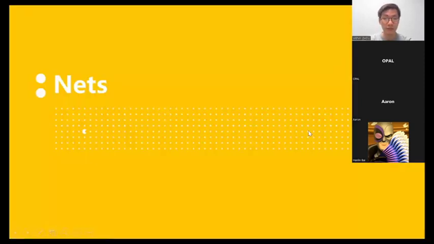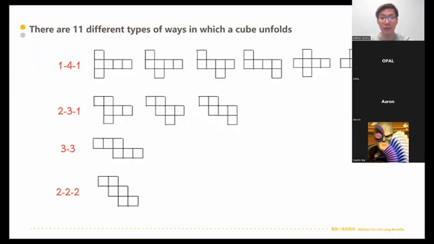Okay. So again, when we're talking about nets, what we're thinking about is how do we unfold a cube, okay? Last time, we talked about these four different types: 1-4-1, 2-3-1, 3-3, and the 2-2-2 type. We talked a lot about how we solve questions which involve the 1-4-1 type of net.